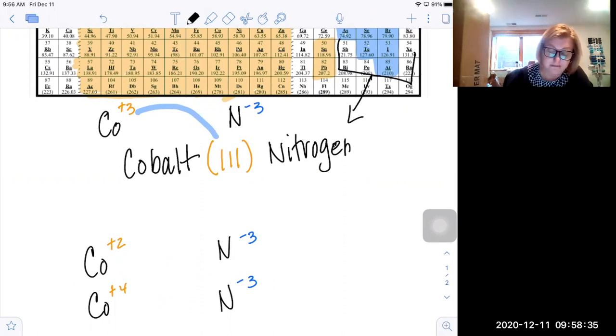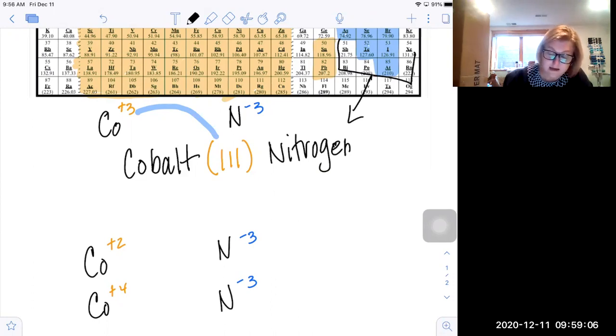And now I have to write the name. We know that Co is cobalt, and I know that this 2 used to be up here as the charge. That 2 came down here from the charge of cobalt. So I can say it's a Roman numeral 2, and then nitrogen.